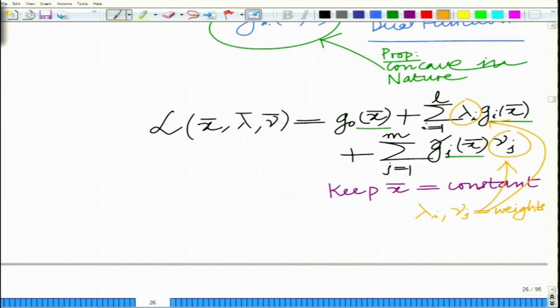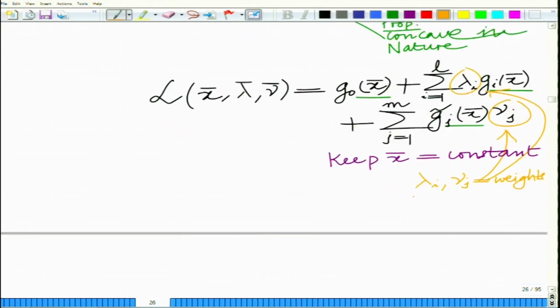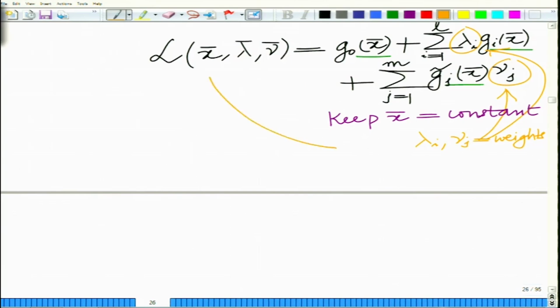And therefore this Lagrangian is affine, in the sense that it is some constant plus some vector transpose times lambda bar plus some vector transpose times nu bar.